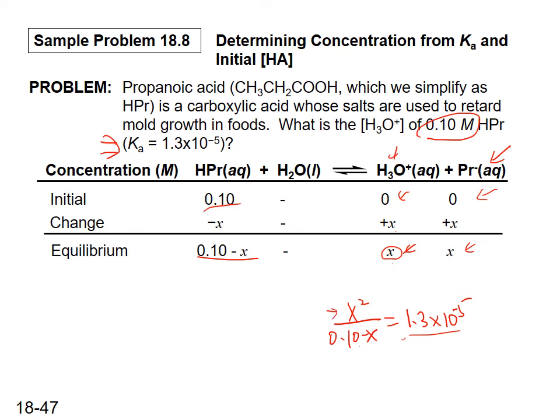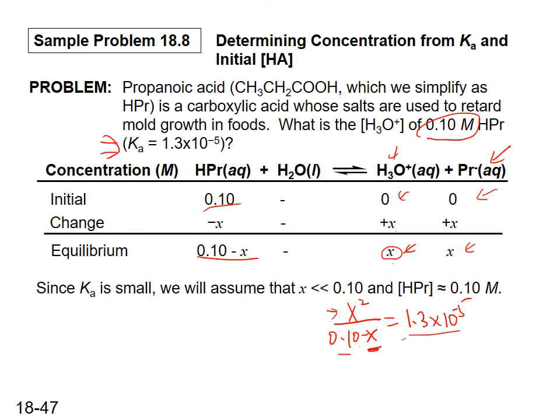Now, if you look at this equation, this will give you a quadratic equation. Is there a way we can simplify it? Well, if X is very small compared to 0.1, then we can omit X. Remember, that's one of the assumptions we can make. So we assume Ka is small, so X is also small.